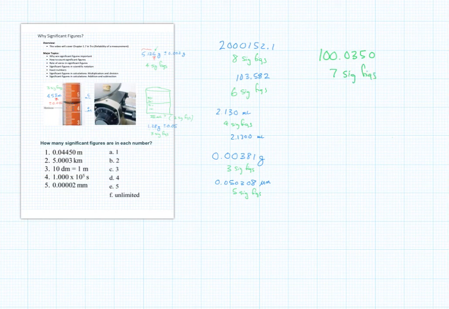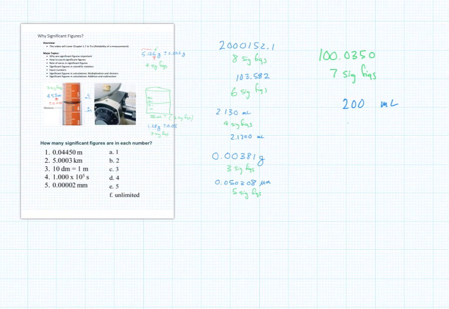And let's take a look at another example. Let's say we have something like this, 200 milliliters. Okay, this number is actually a problem because I have not specified this. I have not put that there's a decimal place here. So this is actually an ambiguous number.